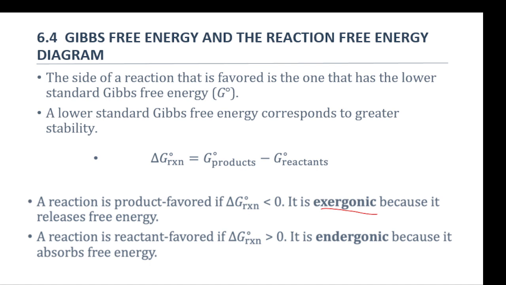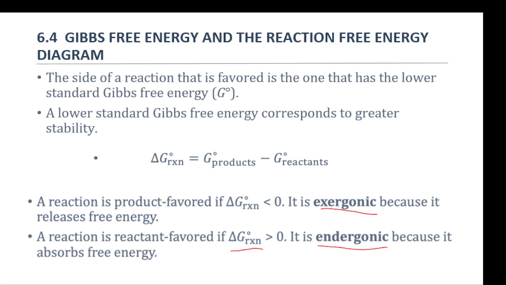What was exothermic, by the way? Delta H, right? Yeah, that was for delta H, releasing energy. If the delta G of the reaction is greater than 0, then that is endergonic. And if it is 0, then that means what? It's at equilibrium. Yeah. We have no overall energy changes.